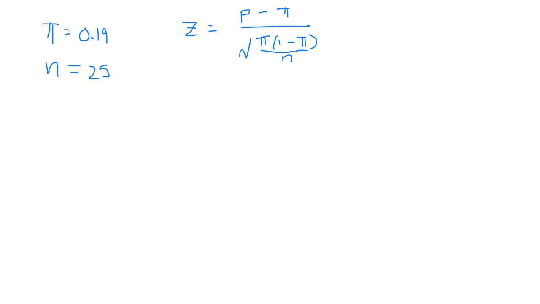Remember what I told you about the standard error. The standard error is everything underneath the division sign, so it's this entire thing here in red. You can compute the standard error by just substituting the values for pi and n in it.